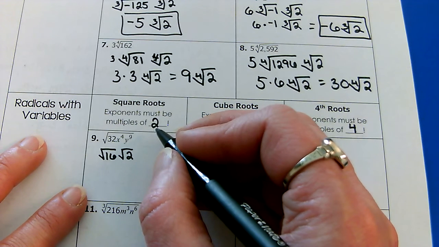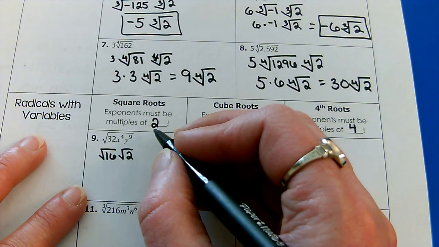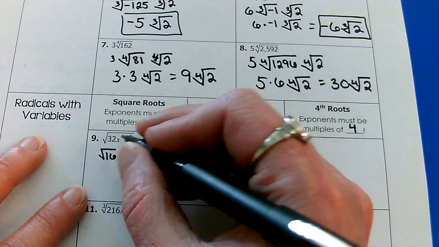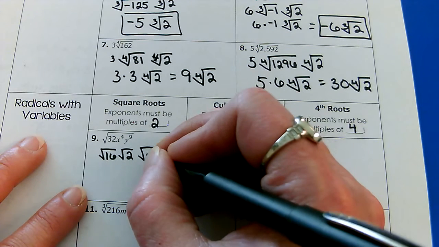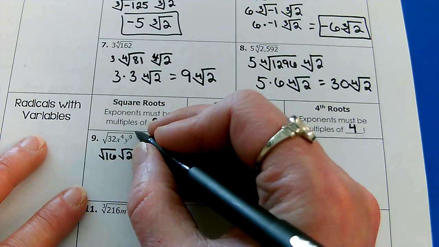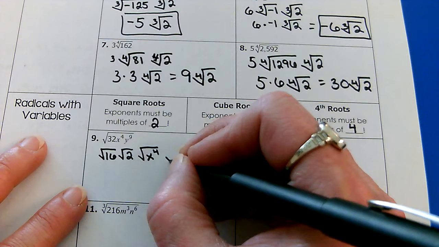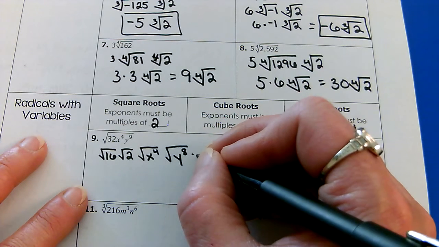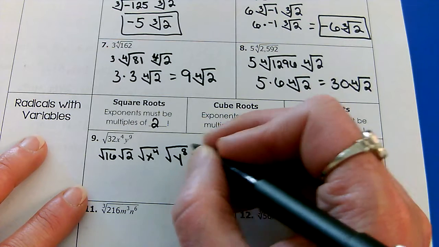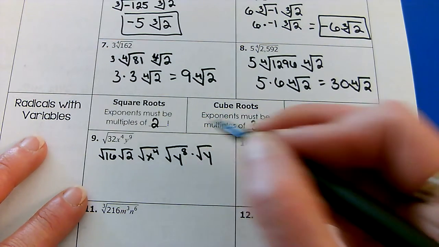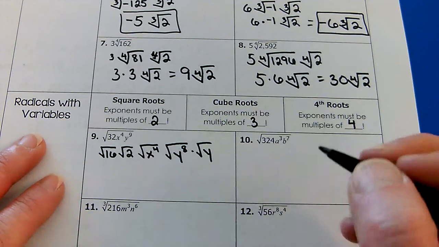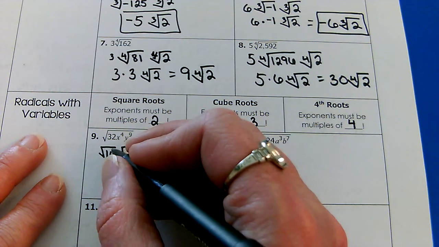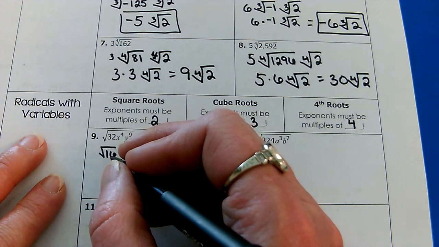Exponents, I'm looking for multiples of 2. Okay, so that is a multiple of 2. That's okay. Y to the 9th, I'm going to rewrite that as y to the 8th times y to the 1 power, because 8 plus 1 is 9. The square root of 16 is 4. So I'm going to take all the ones that are perfect squares out first.